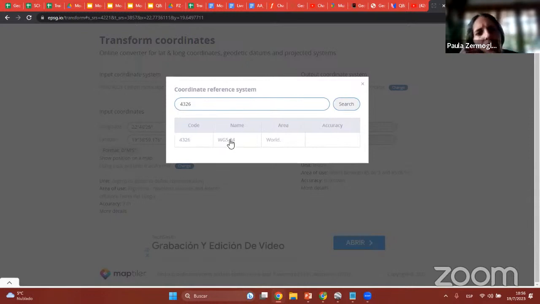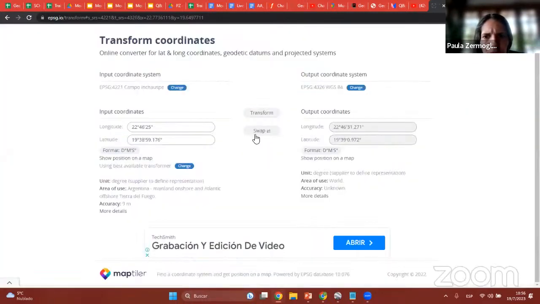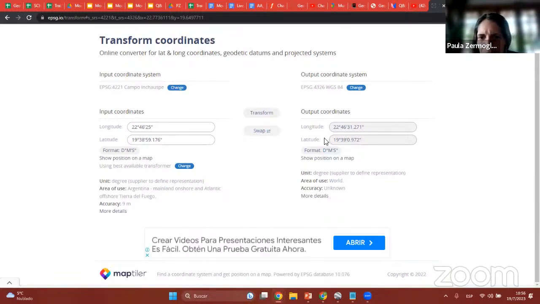I wanted the most common WGS84, which has this code, and so there it transformed it to the coordinates in WGS84 from another datum, and I can swap it. This means the change and go back and forth. So you can change between any given datum here and get the coordinates.